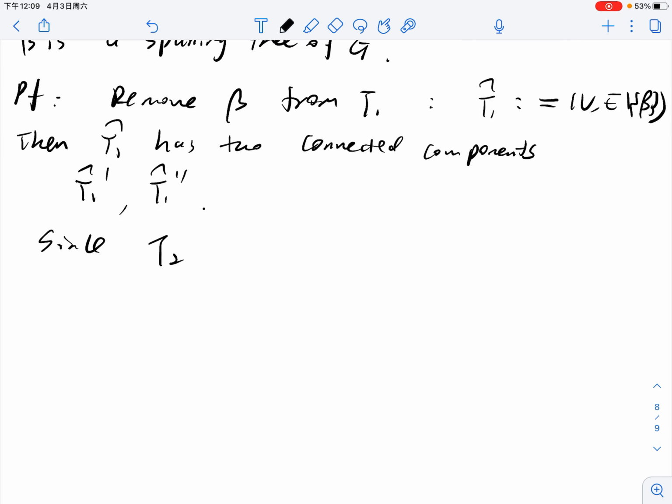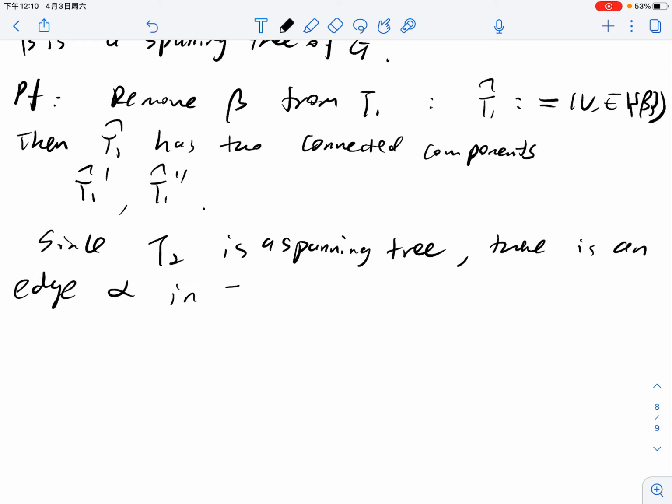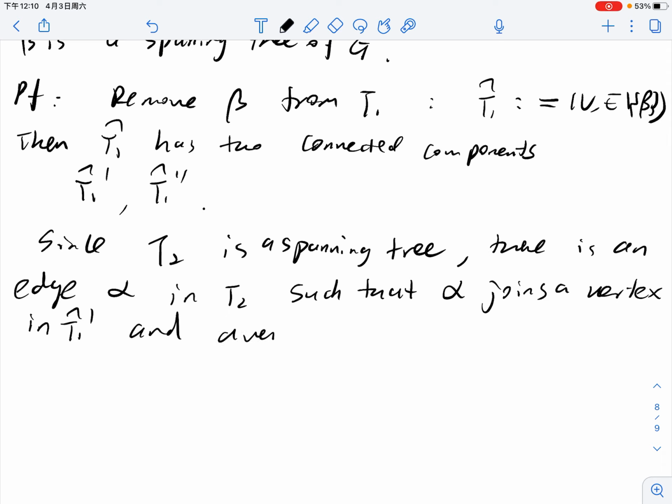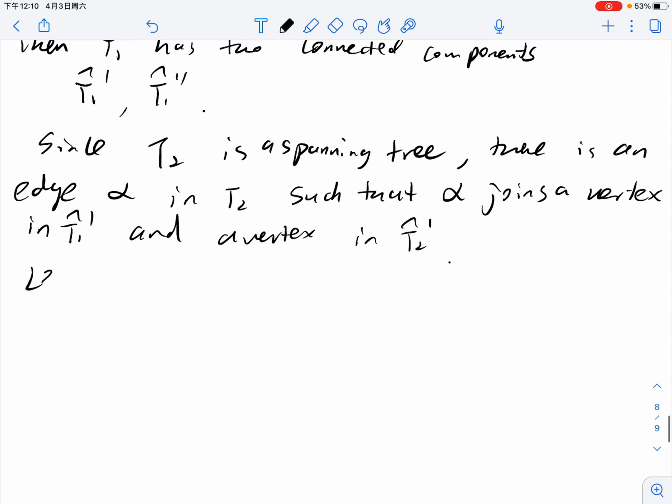Since T2 is a spanning tree, there is an edge alpha in T2 such that alpha joins a vertex in T1 hat prime and a vertex in T1 hat double prime.